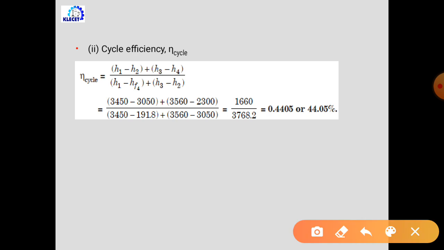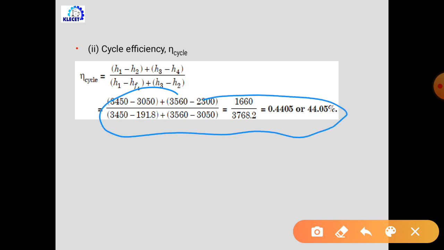We know the formula for cycle efficiency, and we will substitute all the values that we have obtained to get the cycle efficiency.